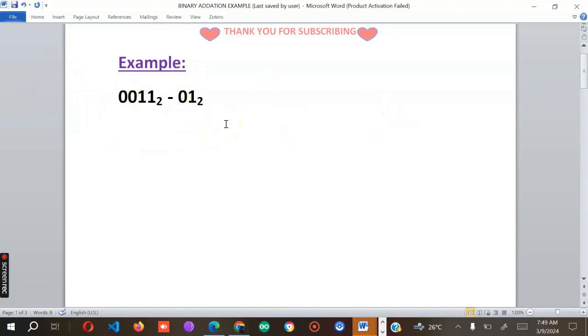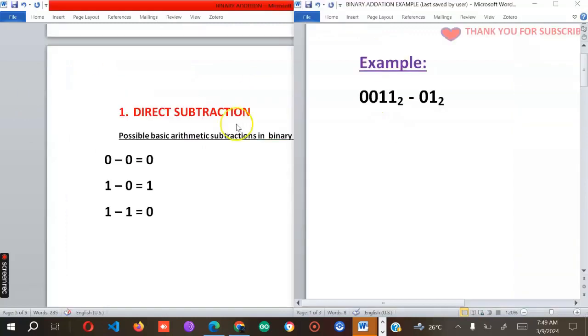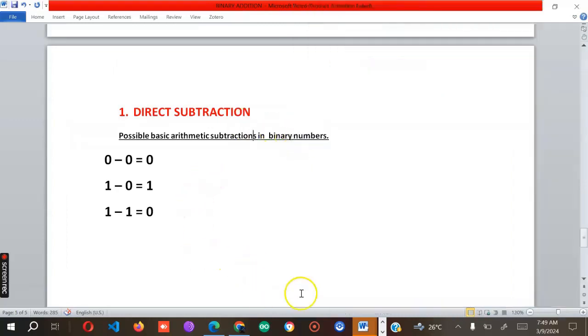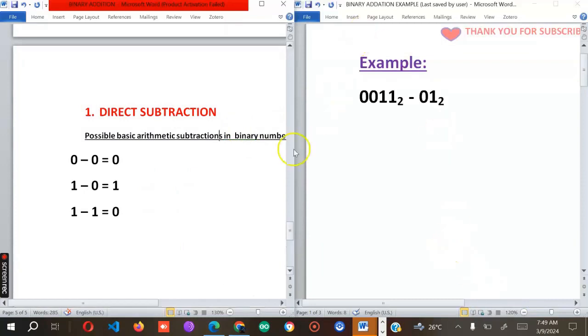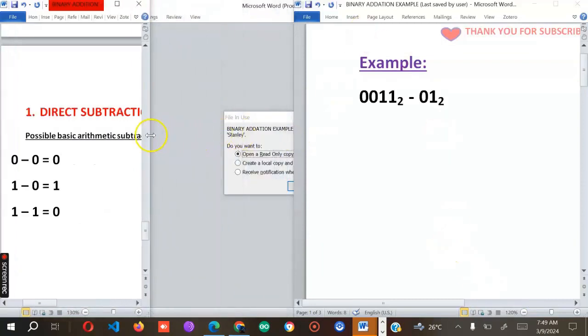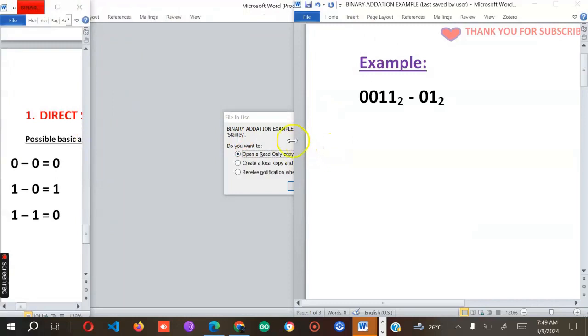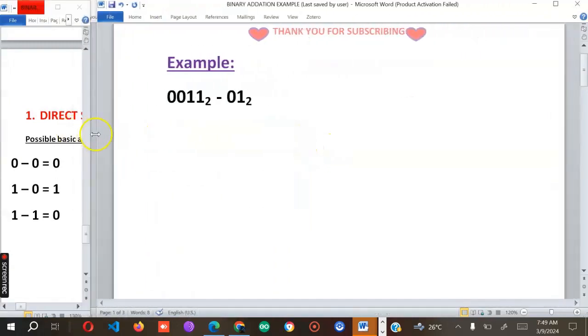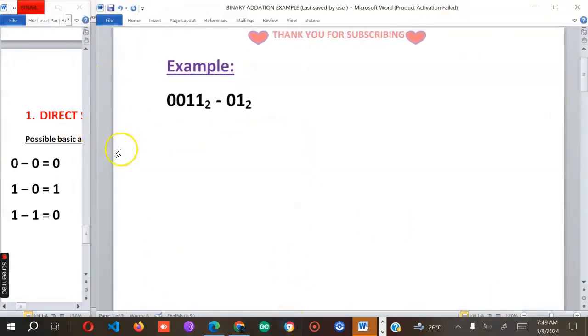Okay, let me create two screens so that we can make our work easy. So we have 0, 0, 1, 1, and 0, 1 base 2.